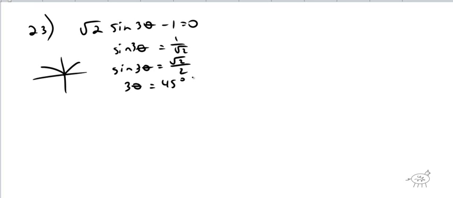Okay, and then 3 theta is equal to 135 degrees. And then you're going to add 360 to each of those. So 3 theta is equal to 405 degrees, and 3 theta is equal to 495 degrees.